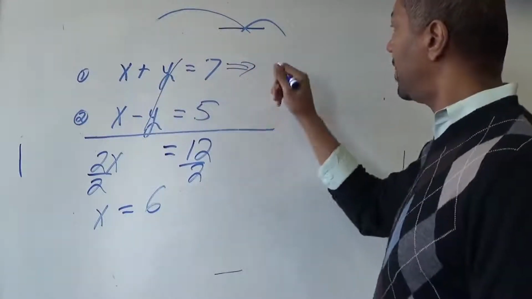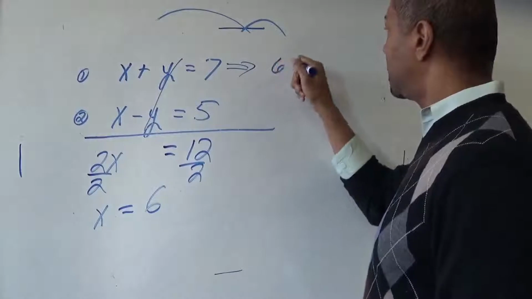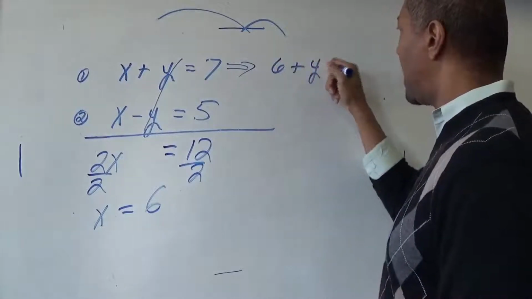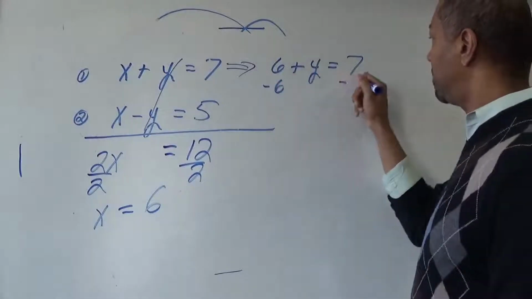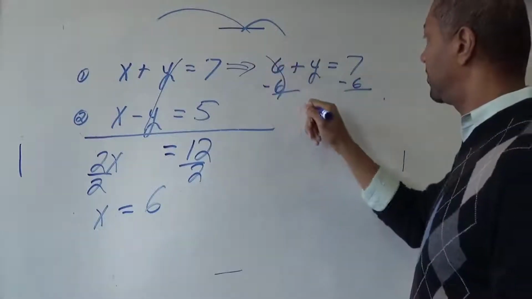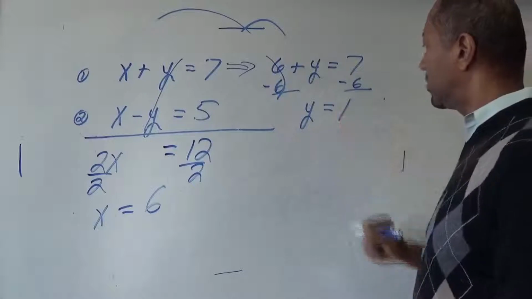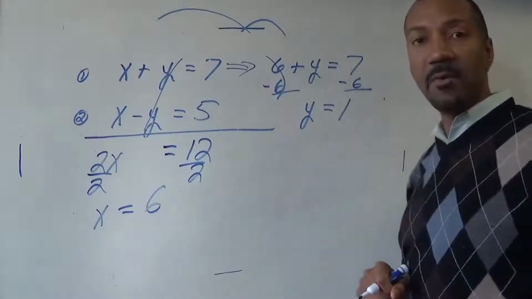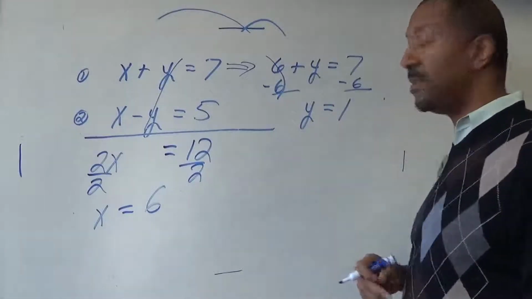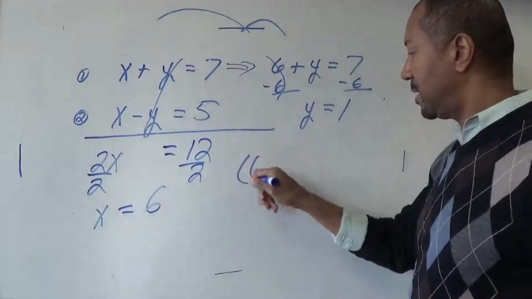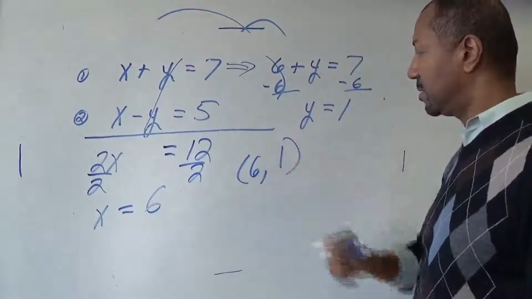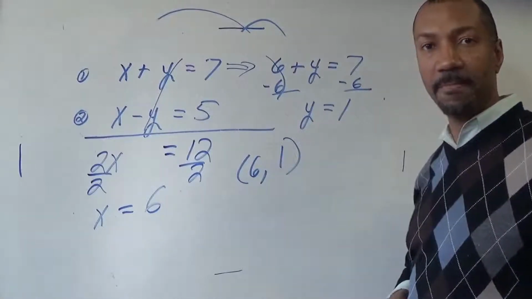So we're going over here now. 6 plus y is equal to 7. I'll go ahead and subtract 6 from both sides. Looks like y is equal to 1. And there you have it. The solution to this system, x is 6 and y is 1.